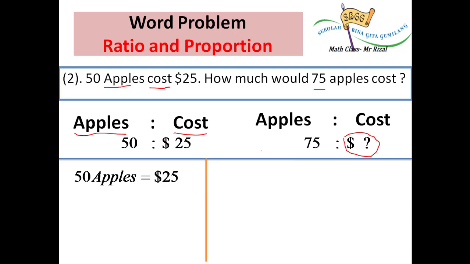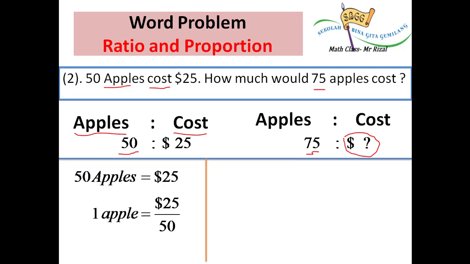If you can see here, 50 changed into 75. Because apples change, we must change 50 into 1. So 1 apple is 25 out of 50.